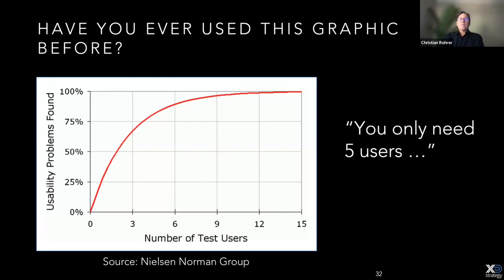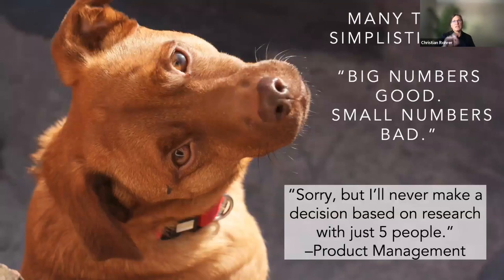Now, I'm not saying this is wrong because it is right. The data behind this is correct. But the problem is that decision makers don't really understand that. Looking at a curve like that, I guess it's not a parabola but an asymptote, they won't really understand why this is a good thing. In fact, you'll get this response.